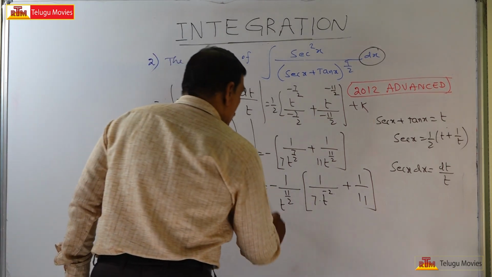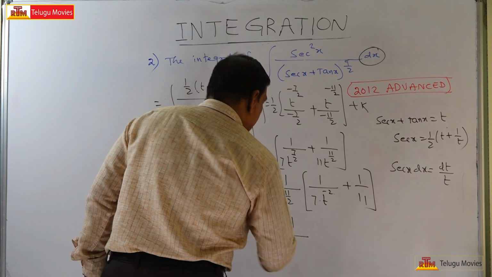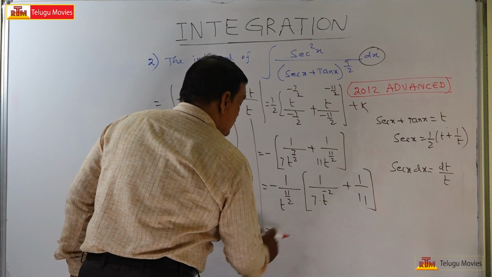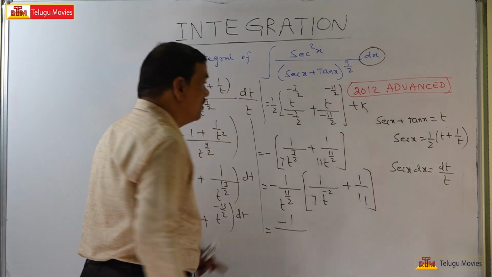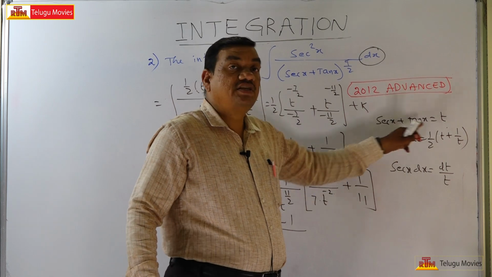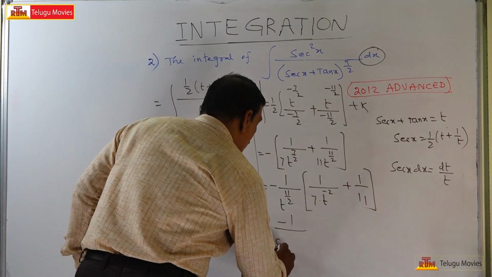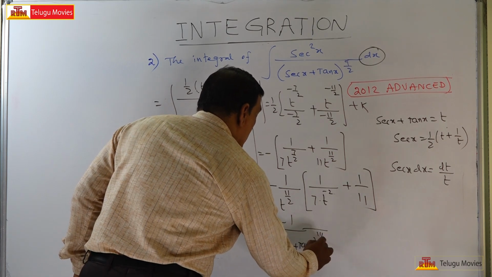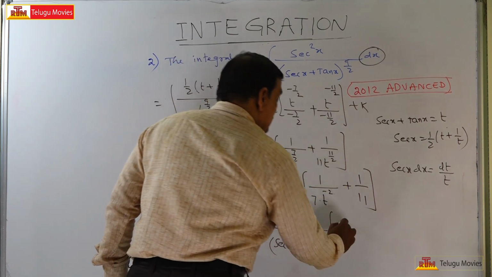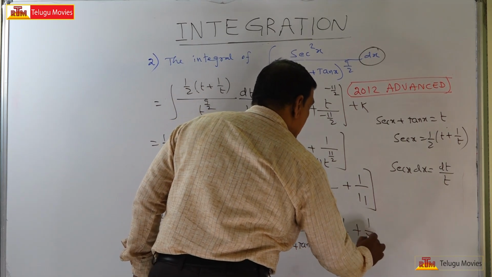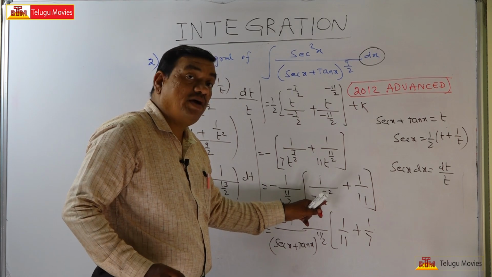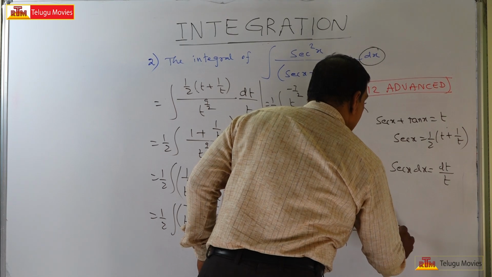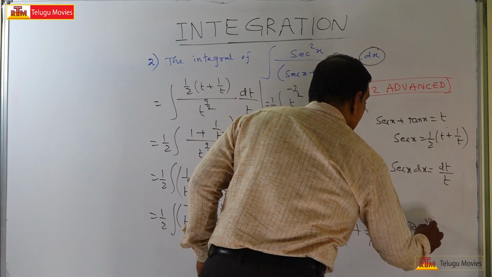Now I am writing the final answer. Minus 1 by, what is your t value? Secant x plus tan x, whole to the power of 11 by 2 into 1 by 11 plus 1 by 7 into t to the power of minus 2, that is t square, that is secant x plus tan x whole square.